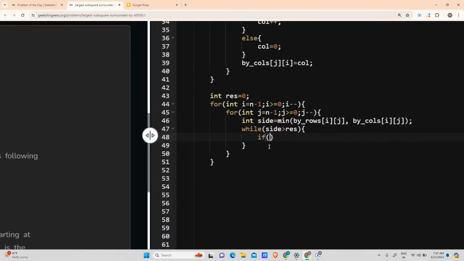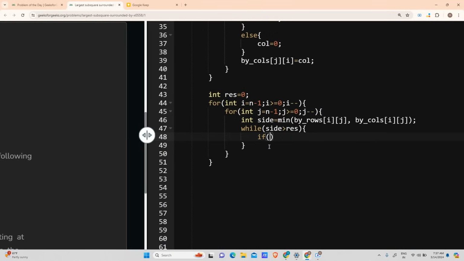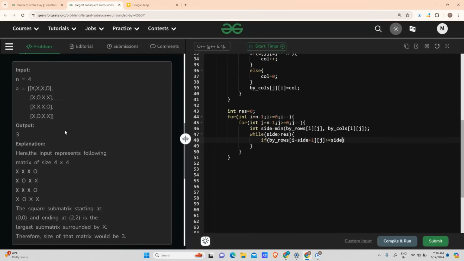So whatever I do is I will say if by rows of i minus side plus 1 comma j is greater than equals to side, this will give me the top corner. Like suppose I'm here and I want to find the third corner from this. That this is side 1, side 2, side 3. So this will be i minus side plus 1.